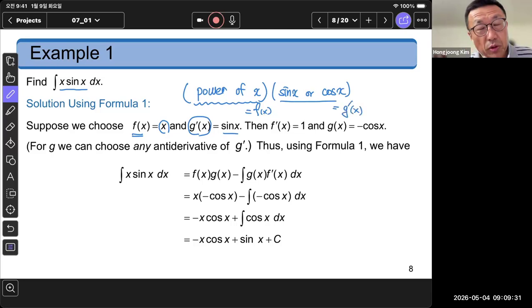That is the usual trick. You can consider the other situation.